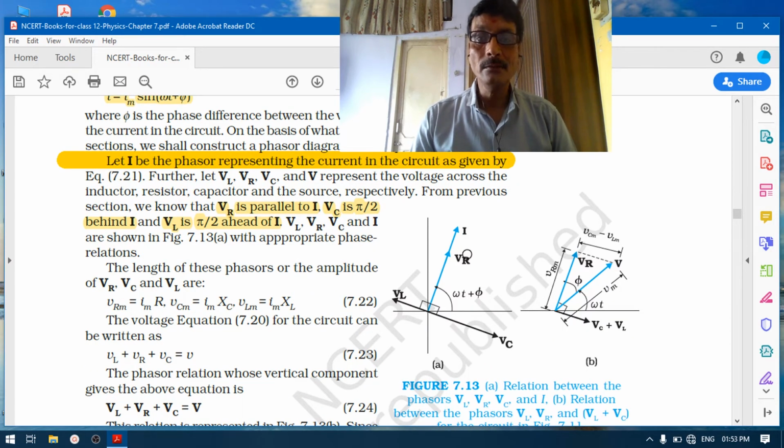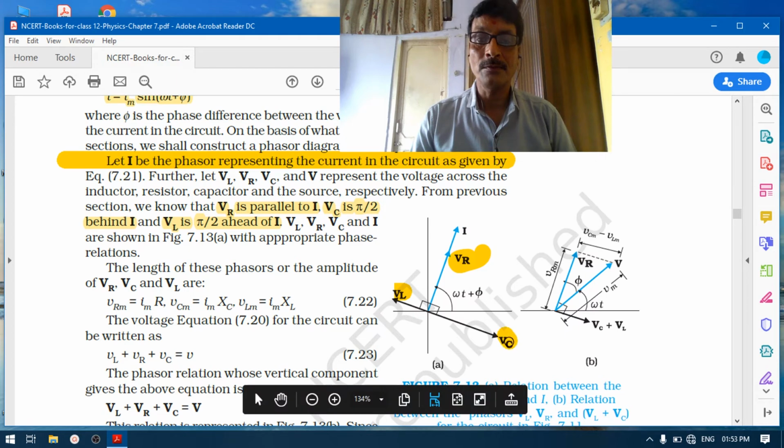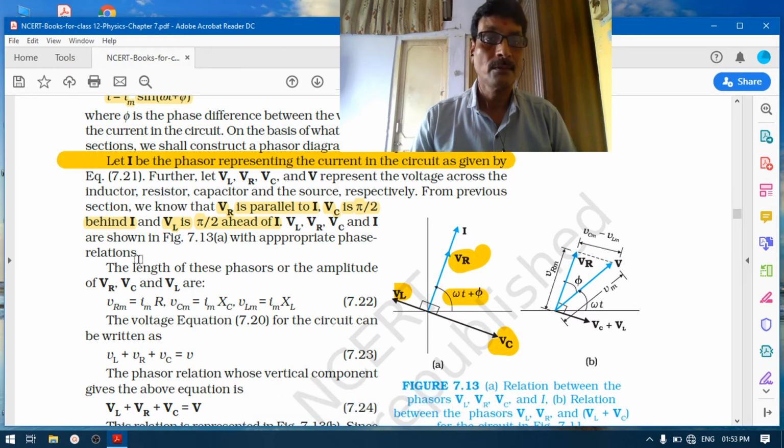Here we can see VR, VL and VC, and here omega t plus phi is the phase angle.